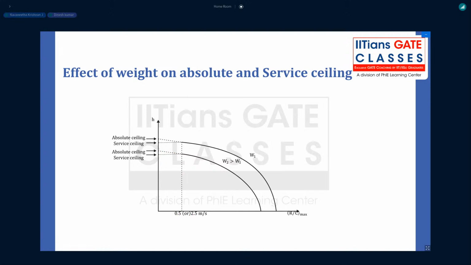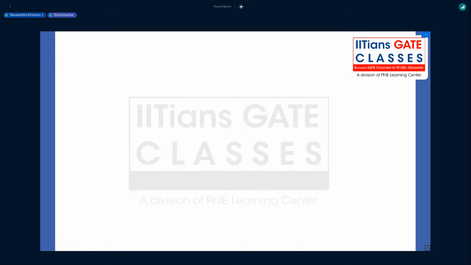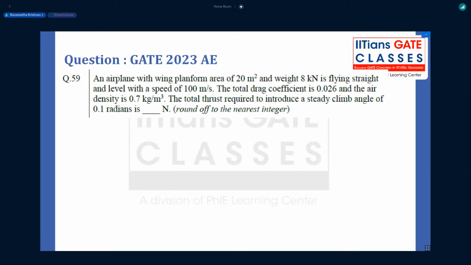So as weight increases, both the absolute ceiling and service ceiling decrease. Any doubt? Otherwise, we'll solve problems.